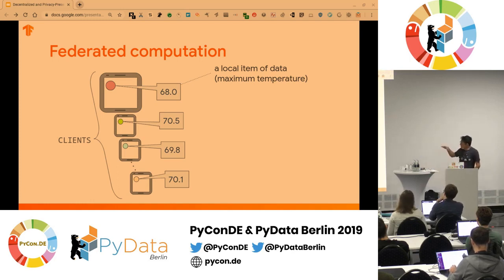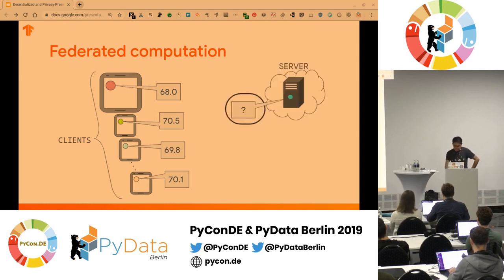They all have this data on the devices, and the data is local, obviously, with the same privacy preserving technology. Now our job is to find the average maximum temperature experienced by the fleet of devices. Let's say that's the problem. We're going to find out on the server.